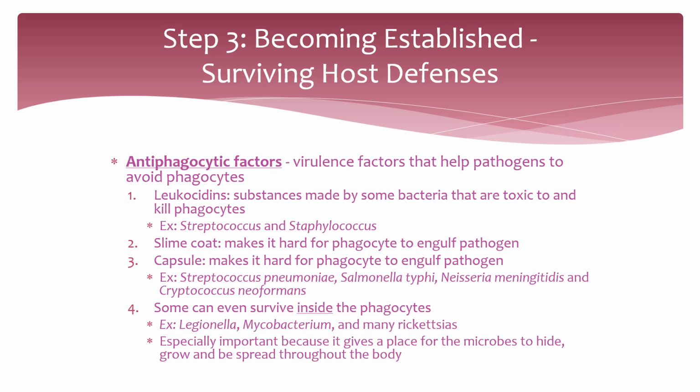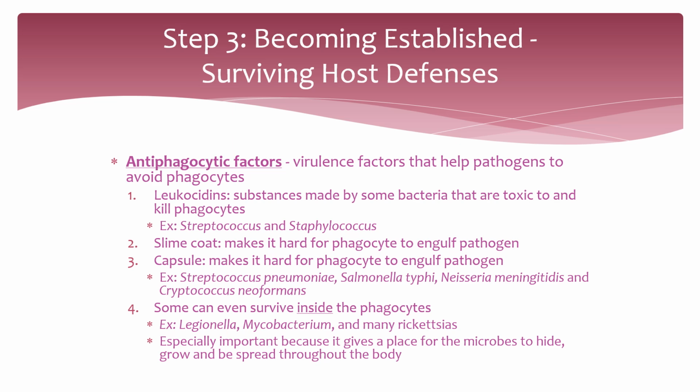And then the fourth is that some pathogens are able to survive inside the phagocyte. Now, this one's particularly scary to think about because it's not dissimilar to a Trojan horse, where the pathogen hides inside of the phagocyte and still goes through processes and then will hide from other phagocytes in our immune system and will grow and still spread throughout the body despite having been consumed by our immune system.